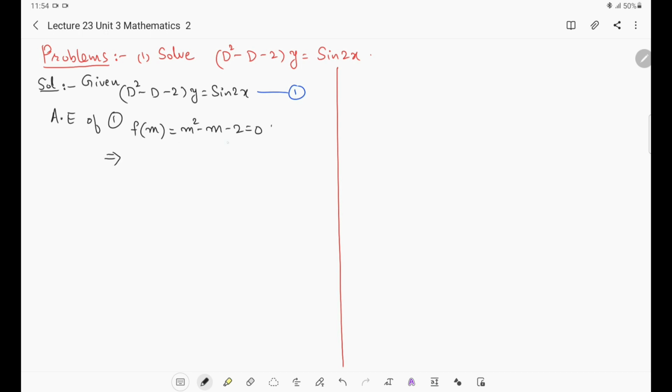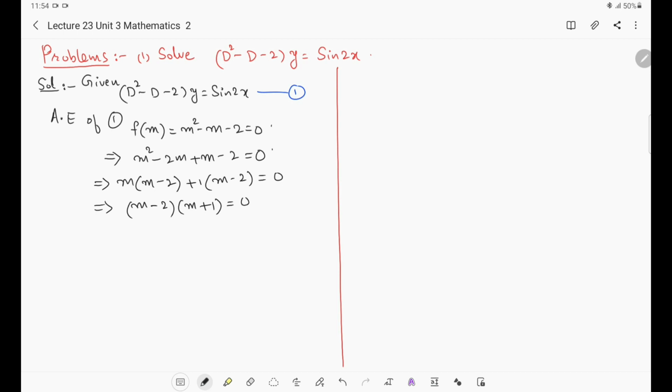For solving this, we need to make factors. So m square minus 2m plus m minus 2 equals 0. Take m common, then m minus 2 remains; take 1 common, then m minus 2 remains. Take m minus 2 common, then m plus 1 remains, which is equal to 0.